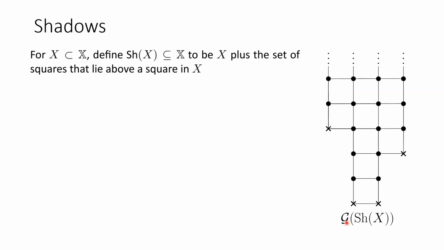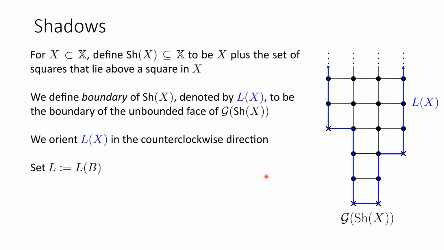Here we also see the adjacency graph of the shadow of X. We are interested in the boundary of this shadow, which is formally defined as the boundary of the unbounded face of the adjacency graph of the shadow, marked in blue here. We will orient the boundary in the counterclockwise direction. We can think of them as the outer squares of the shadow. Because we're working with B, we'll set L to be the boundary of the shadow of B, L_B.